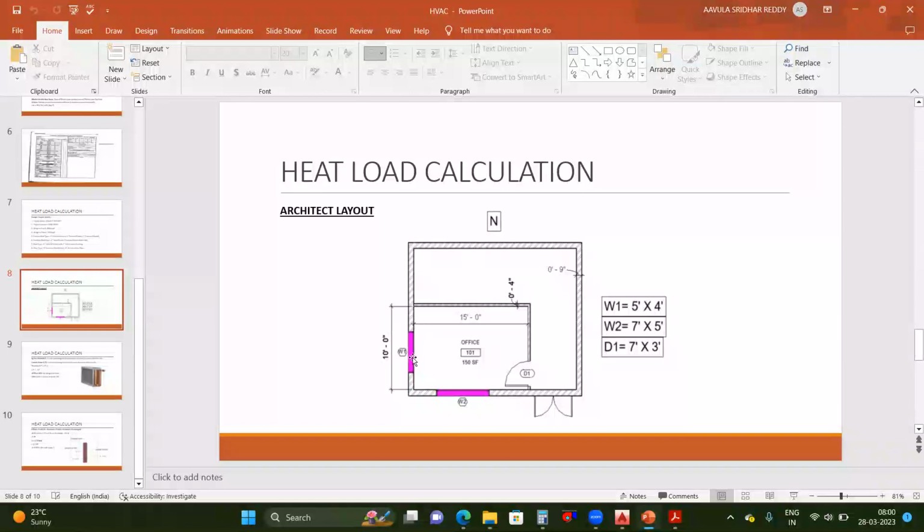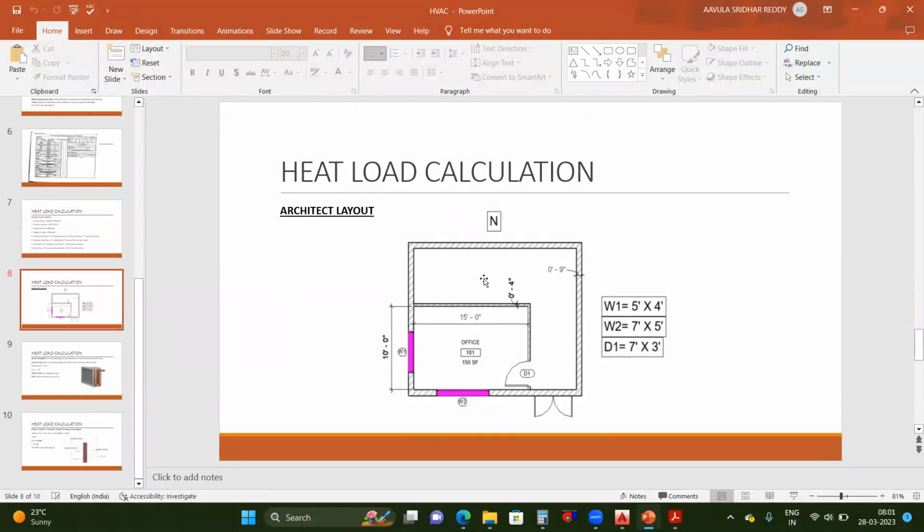We have two windows here that are exposed to sunlight. This is the outdoor environment. So where the window is exposed to sunlight, we need to take the value.